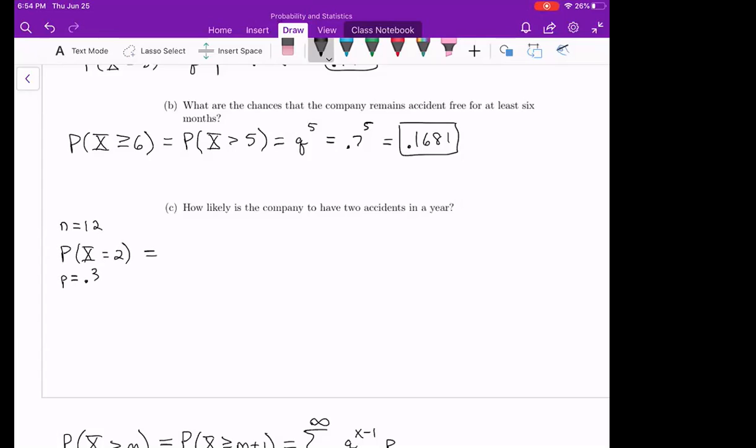And so the binomial distribution says 12 choose 2, p, which is 0.3 to the x, which is 2, times 0.7 to the 10, so 2 months with an accident, 10 months without an accident. And I'm getting 0.1678.